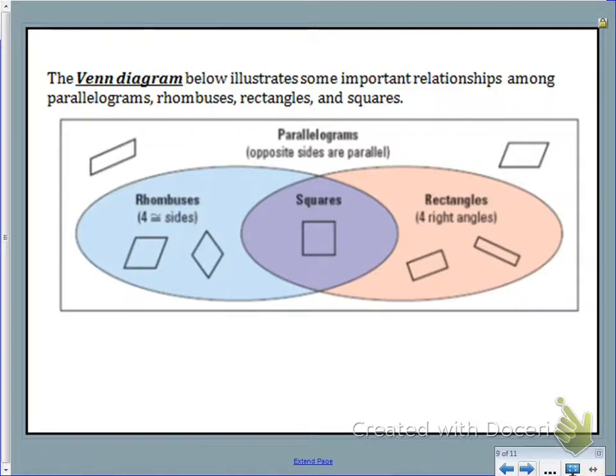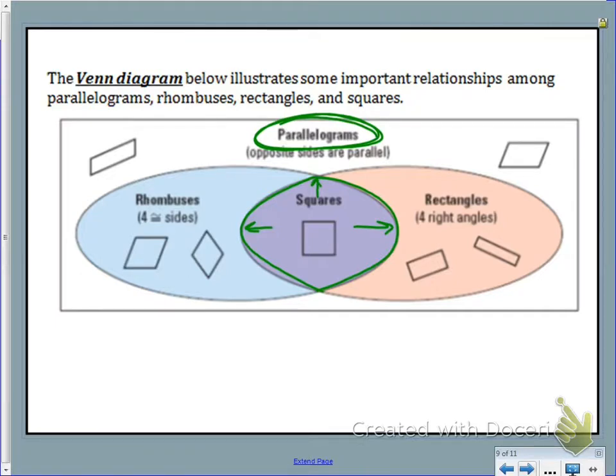All right, this is the last visual which shares with you the different properties of the parallelograms. Again, outer is least specific. And then as we get in, think of your Venn diagram that you use in your English class, for example. So anything where they overlap means that that's what's in common. So a square holds the traits of a rhombus, of a rectangle, and a parallelogram.